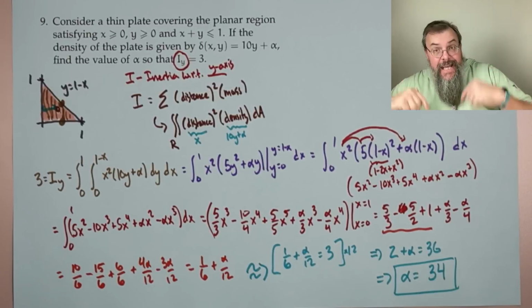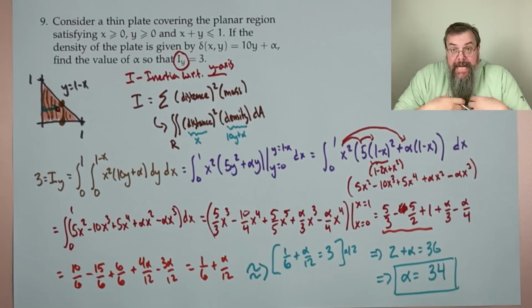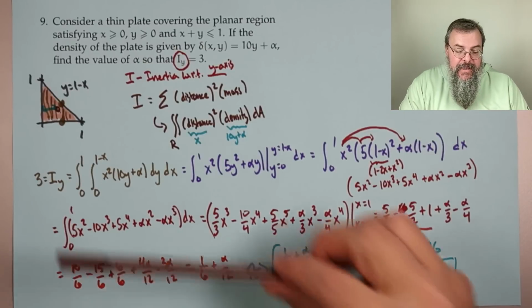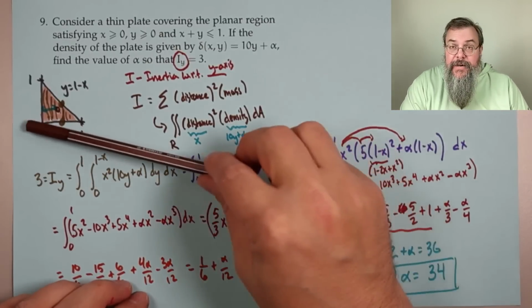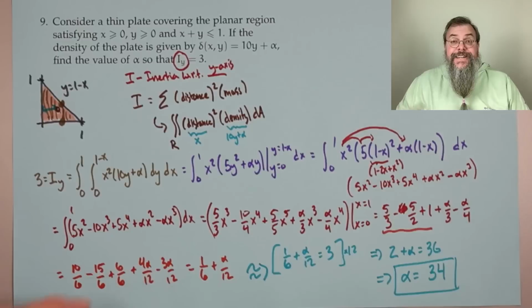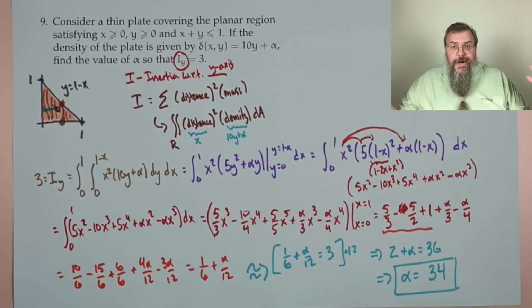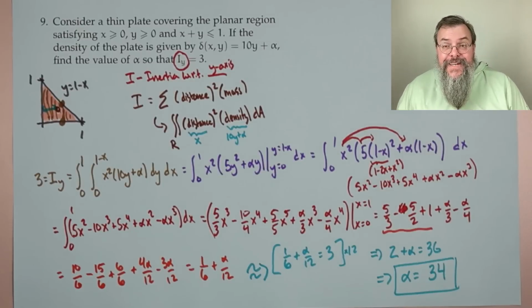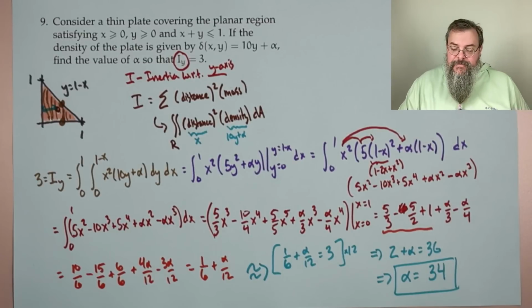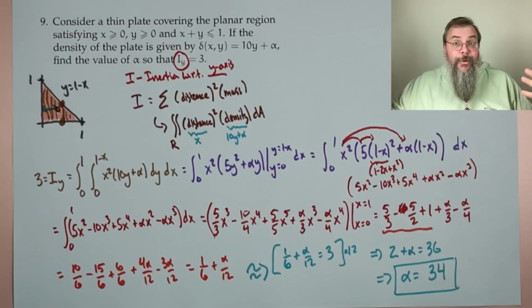If it had been a negative number, panic should set in. Because if alpha were negative, that would say that along the bottom, where y equals 0, your density is alpha, negative density. What? That doesn't make sense. That means something went wrong. But for 34, I think we're doing great. I think we're doing wonderful.